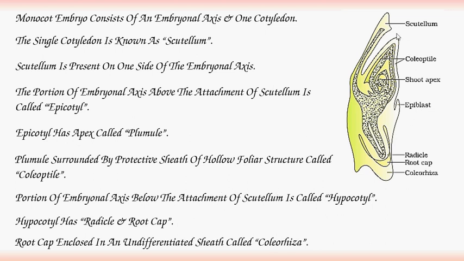Now in this entire diagram there is one more part called the epiblast. This epiblast is nothing but the reduced second cotyledon in monocots. The epiblast we can see in the grasses.